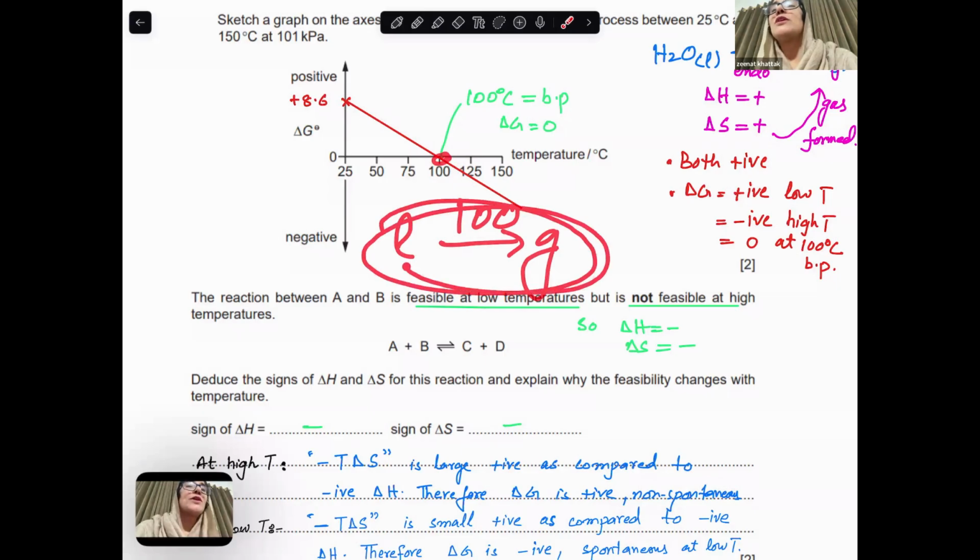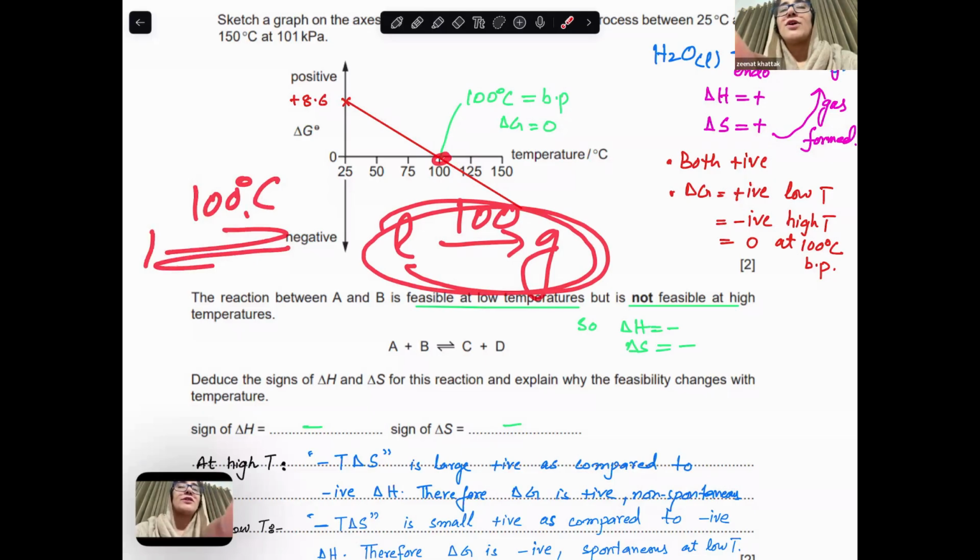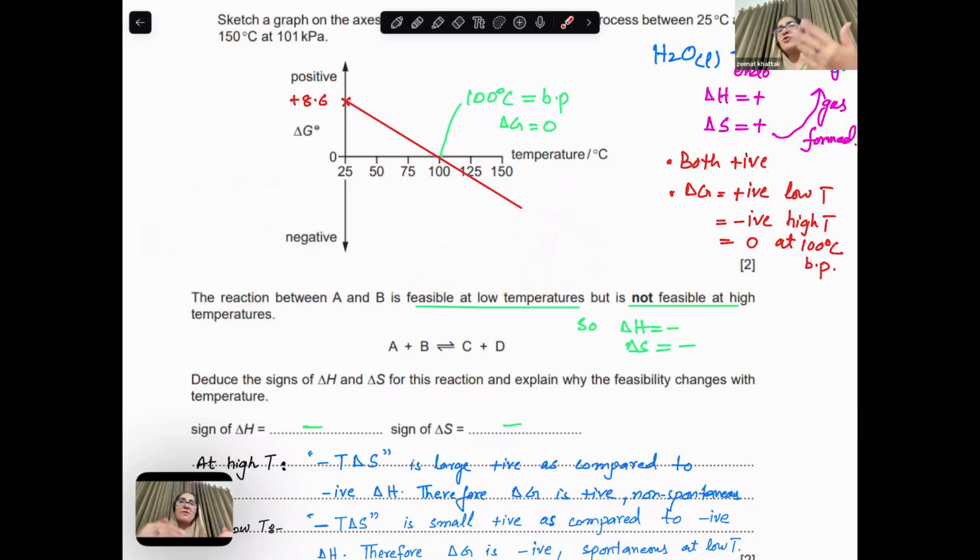This is considered to be the equilibrium temperature because at 100 degrees Celsius, both water and steam are in equilibrium. They both exist. So you have to pass it through 100 so that the delta G is 0.